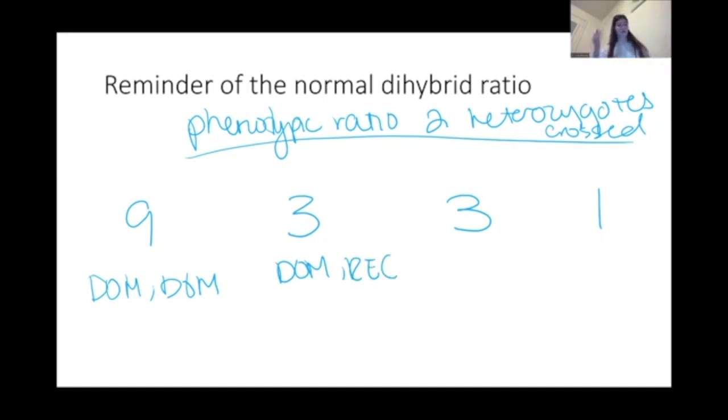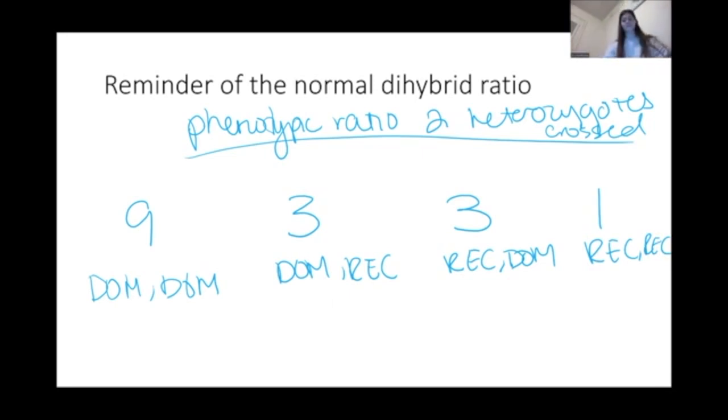So same example, brown hair, blue eyes. This other 3 is just the other direction. So that'd be blonde hair, brown eyes. And 1 is recessive, blonde hair, blue eyes.